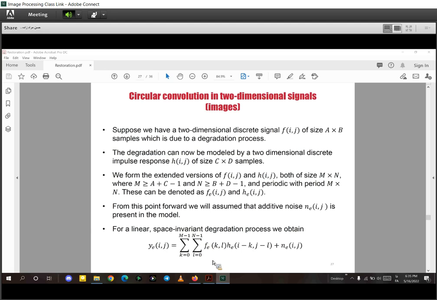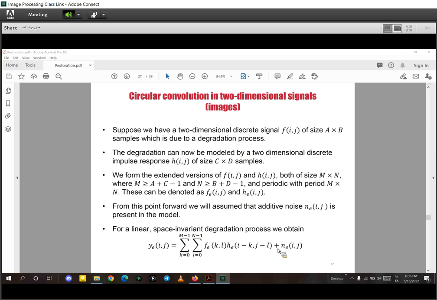What is this relation? This is a formula for circular convolution, okay. Sigma over k and sigma over l, with k ranging over M items from 0 to M minus 1, and l over N items from 0 to N minus 1, of f_e(k,l) h_e(i minus k, j minus l), or h_e(k,l) f_e(i minus k, j minus l).